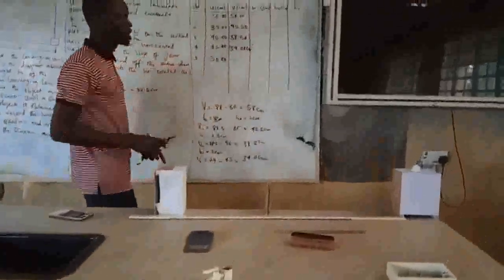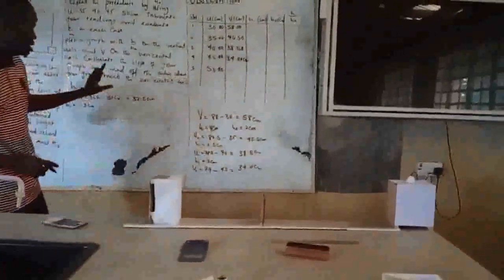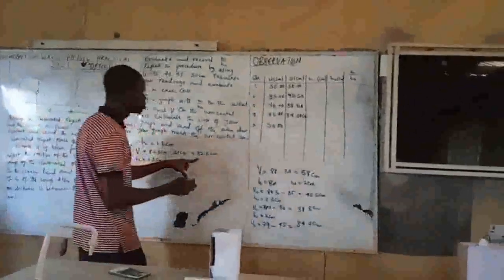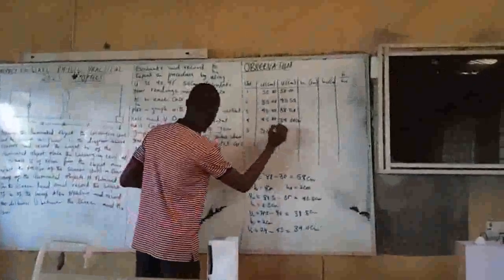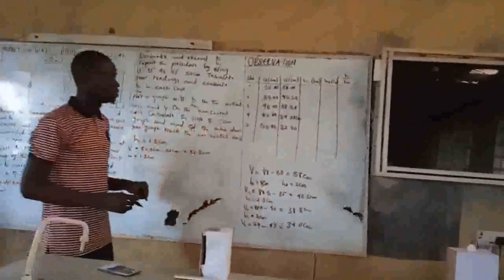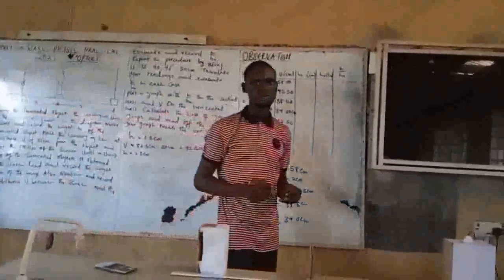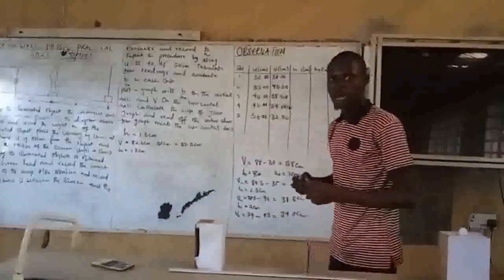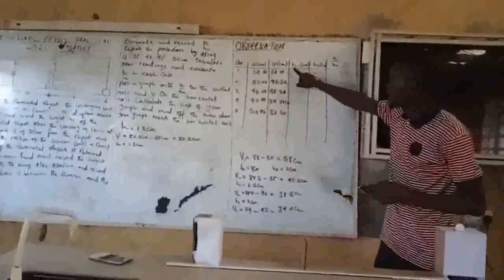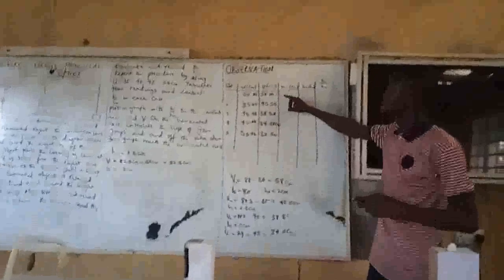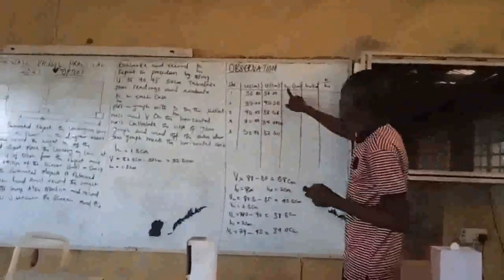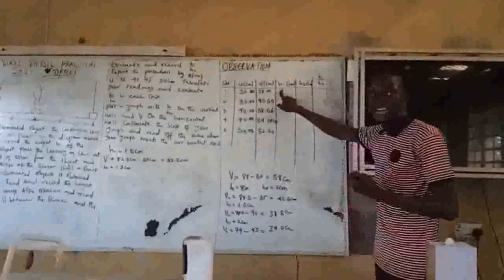Now, when the object distance is 50, my image distance is equal to 32.50 centimeter. Now, my hi, which is my image height, is changing.